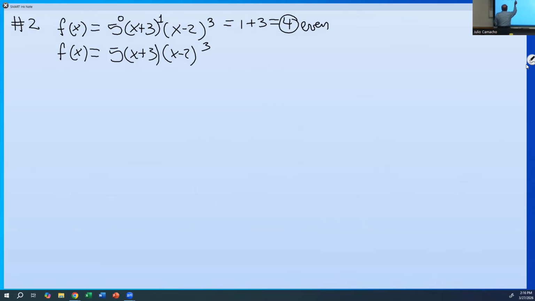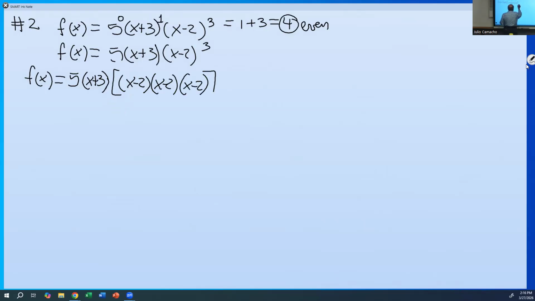Let me move the f of x a little to here. That is equal to 5, and you still have your x plus 3. I'm going to put a bracket here, and I will put x minus 2, x minus 2, and x minus 2. I need to multiply these 3 together, because that is x minus 2 to the third power.